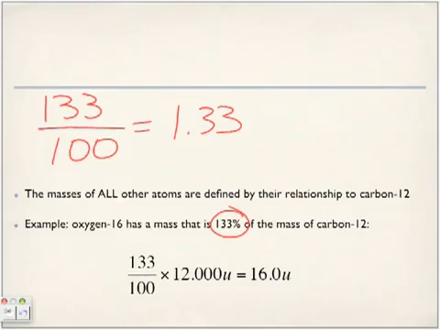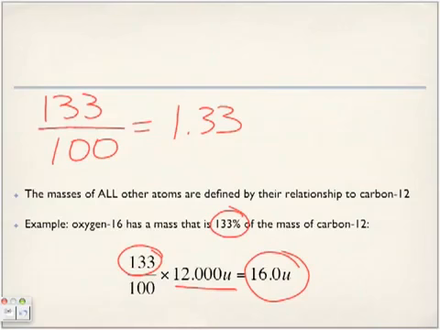So we get 1.33 times 12.000 u. What's that the atomic mass of? Carbon. But we said that 133% of the mass of carbon is represented by oxygen. So we multiplied these two, 1.33 by 12.000 u, and we get 16.0, which represents the atomic mass of oxygen.